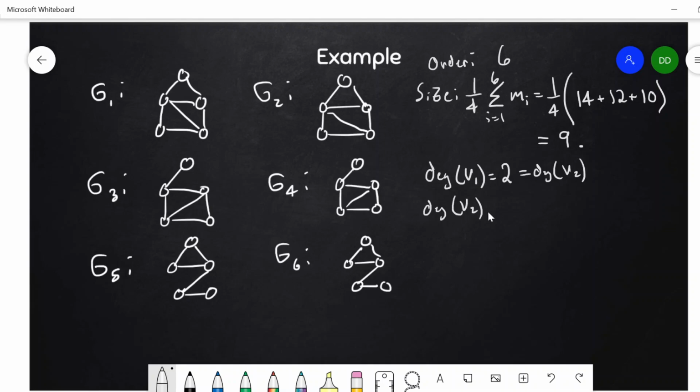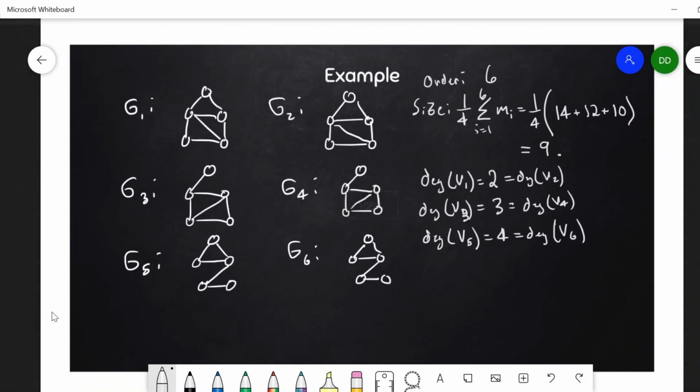For V3 and V4, there were 6 edges in each of those, so the degrees are both 3. And finally, the degree of V5 is 4, along with the degree of V6. All right, so this is some good information that we can add to our arsenal.